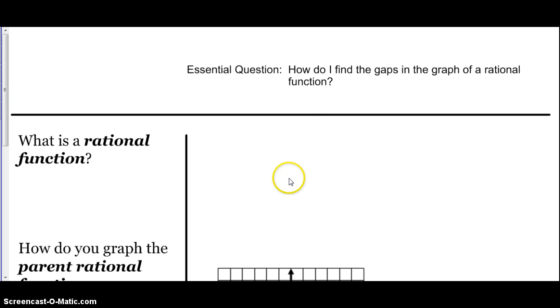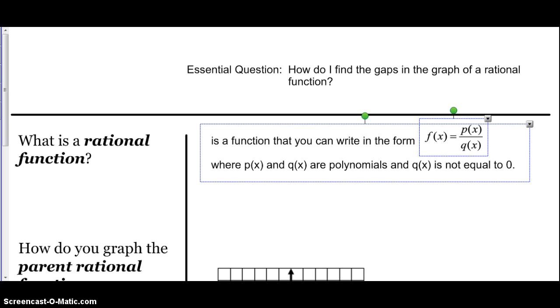Starting off, I just want to start off with the definition of what is a rational function. A rational function is a function that you can write in the form of f of x equals p of x divided by q of x, where both p of x and q of x are polynomials, and q of x cannot be equal to 0.